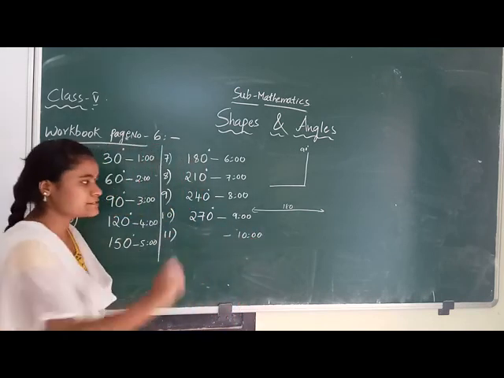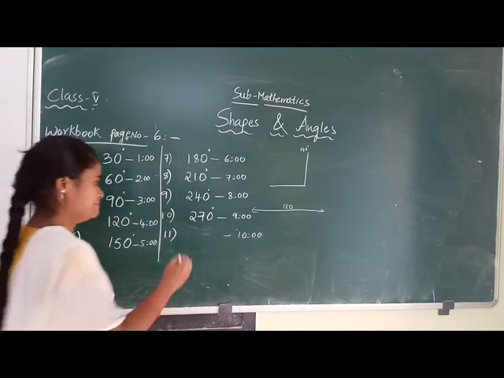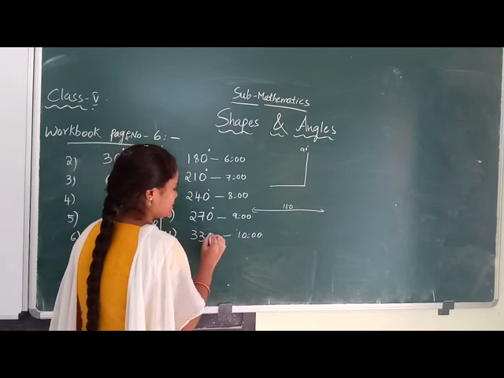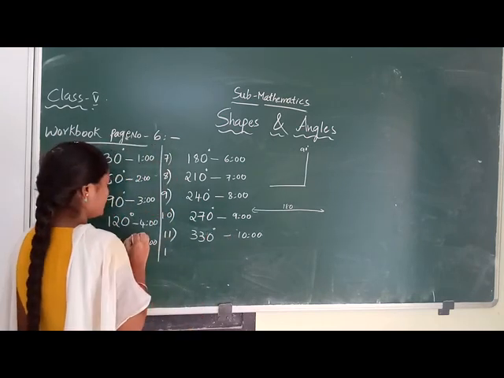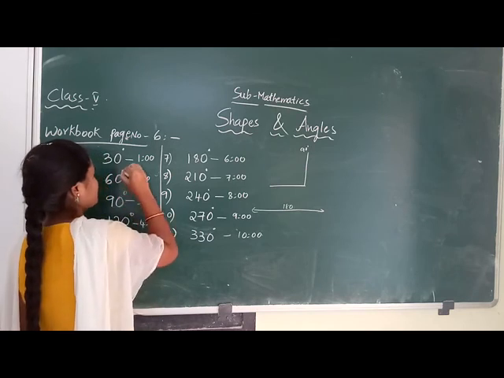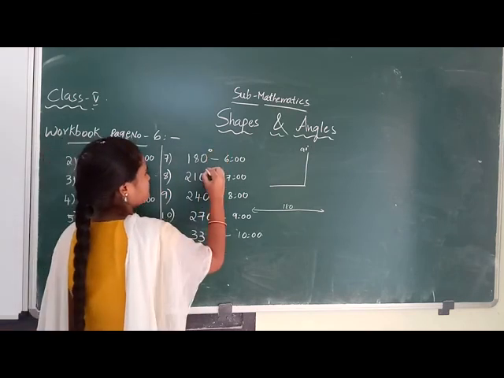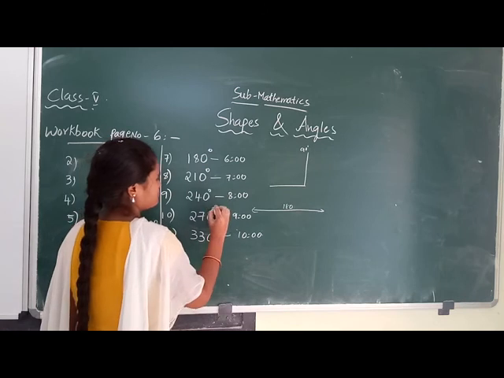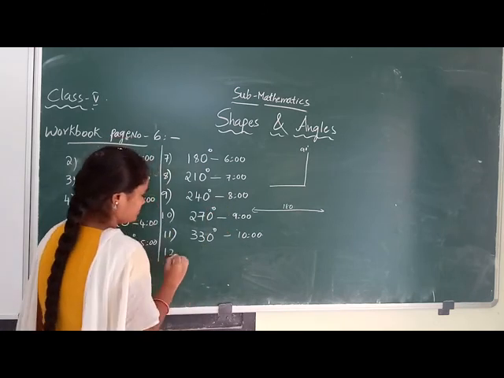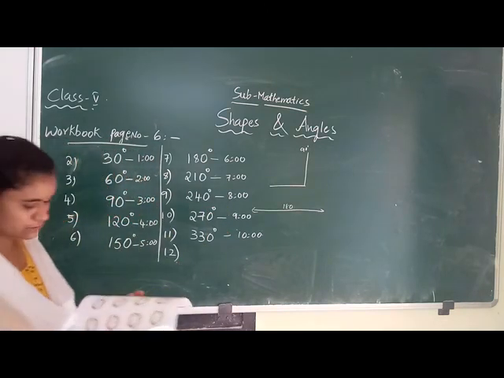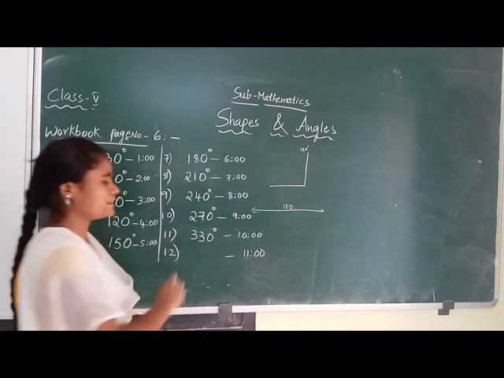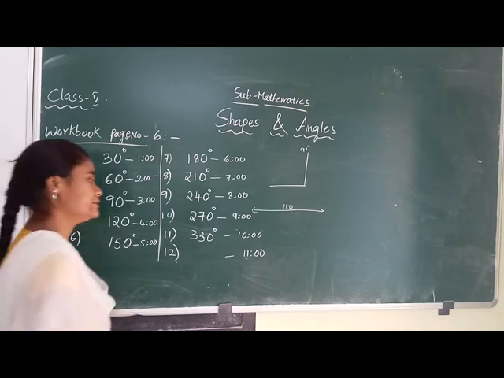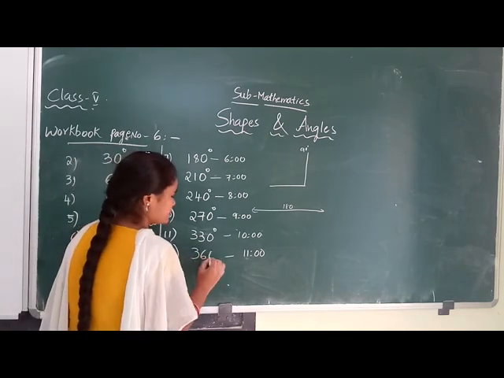So 270 plus 30, 300 degrees. You must write degrees like this, okay? Degrees. Next, last one. 11 o'clock. 11 o'clock means 330 plus 30, 360 degrees.